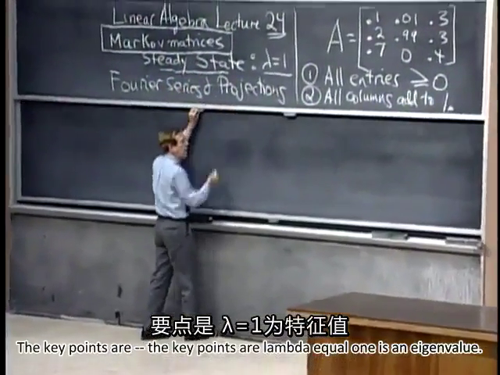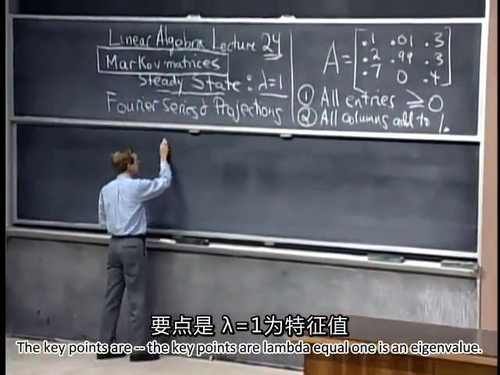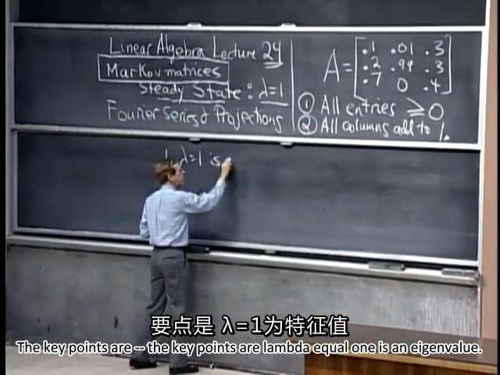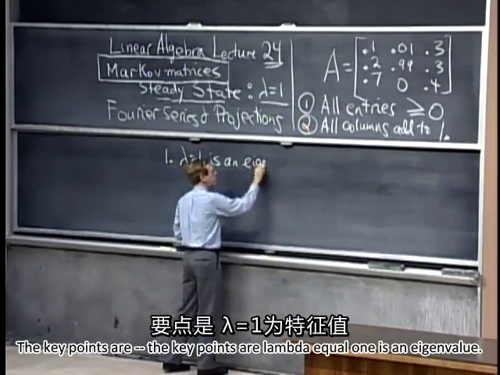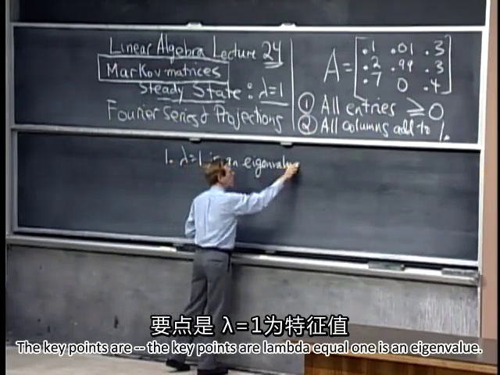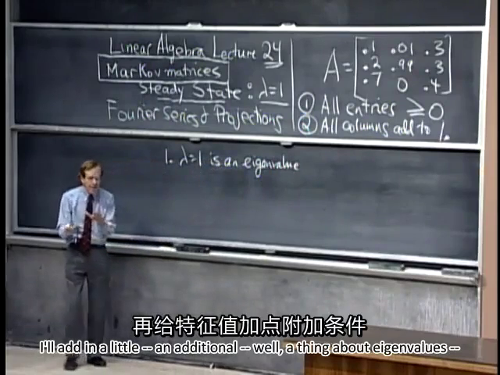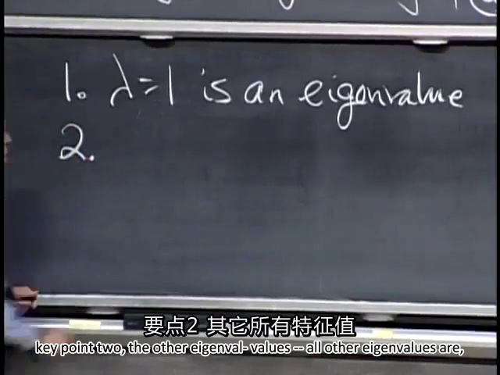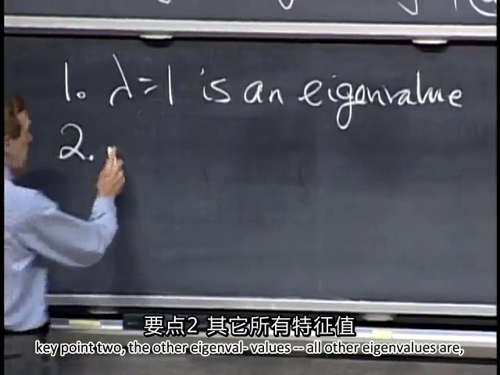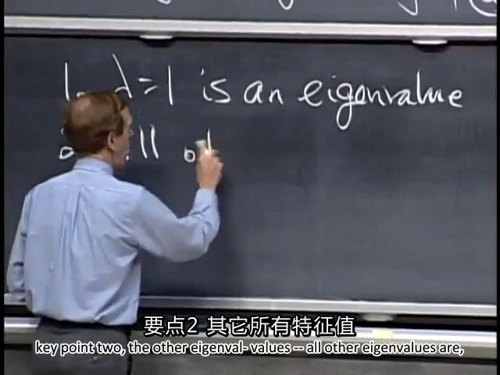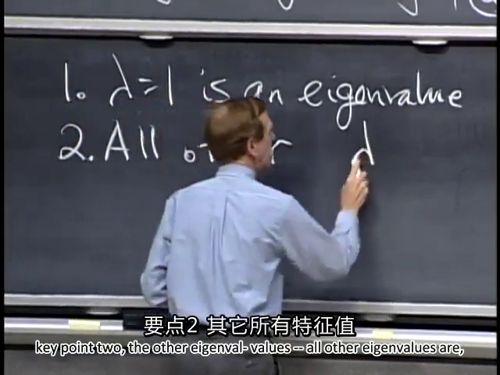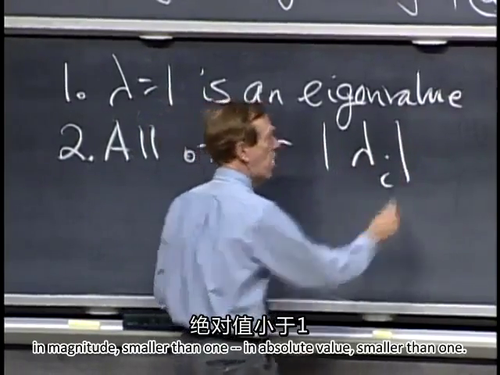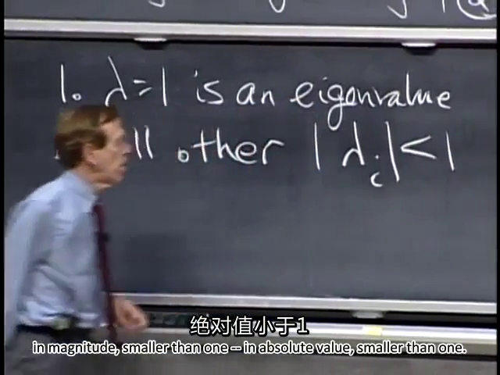The key points are: lambda equal 1 is an eigenvalue. Key point 2: all other eigenvalues are in magnitude smaller than 1, in absolute value smaller than 1.